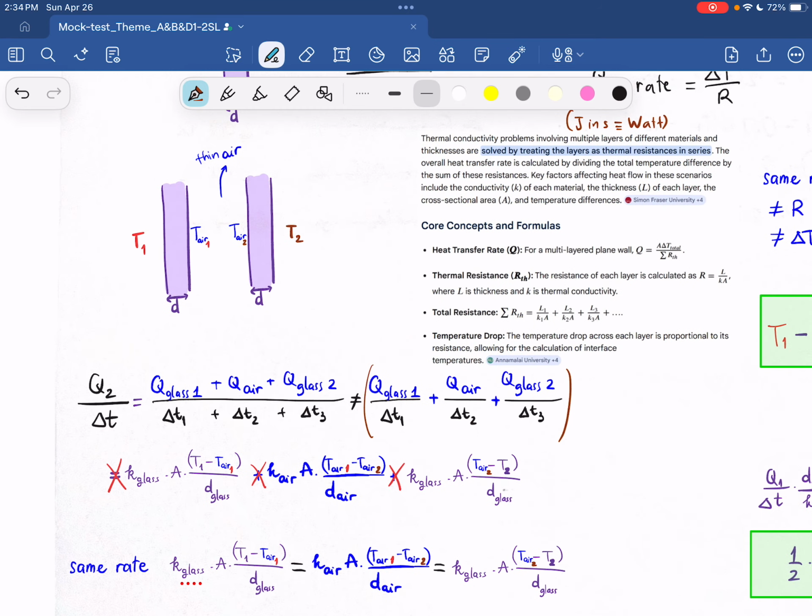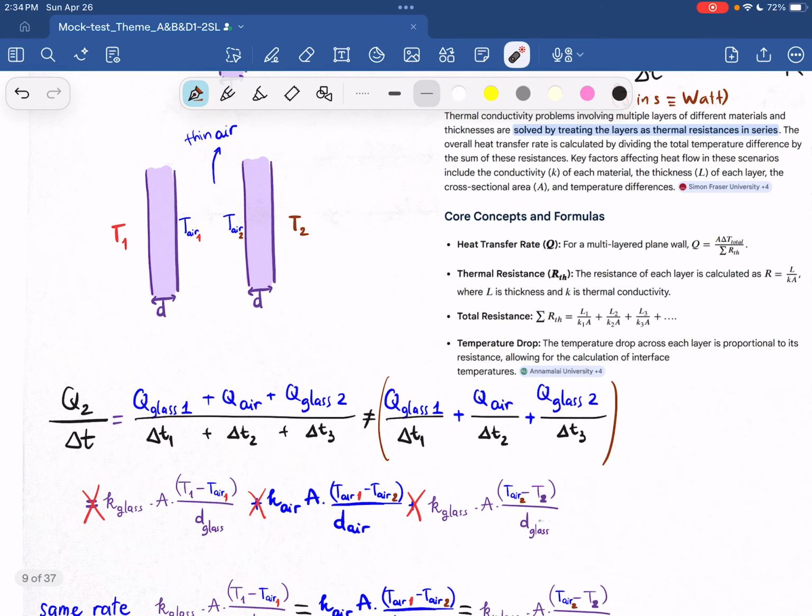At first, we can think that there is an amount of thermal energy transferred through this layer, another through this layer, and another through this layer. So actually, we can have Q1 over the time for the heat flow to go through the first layer, that is Δt1, the time needed to cross the first layer.